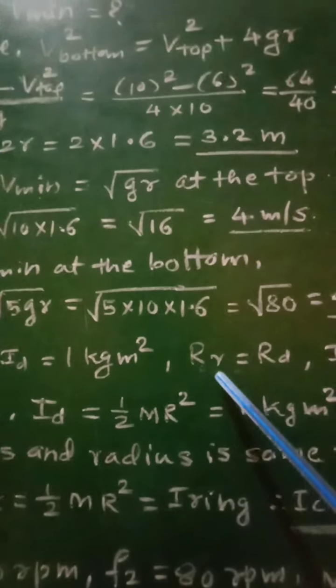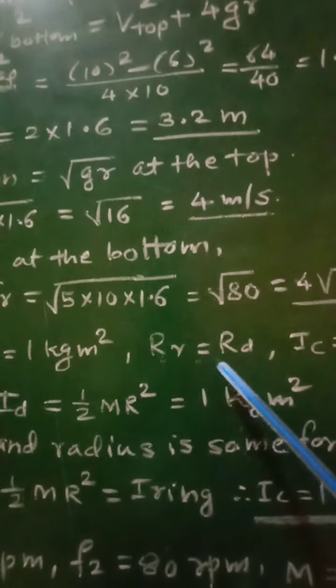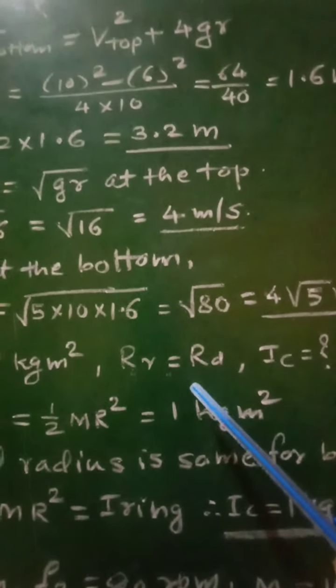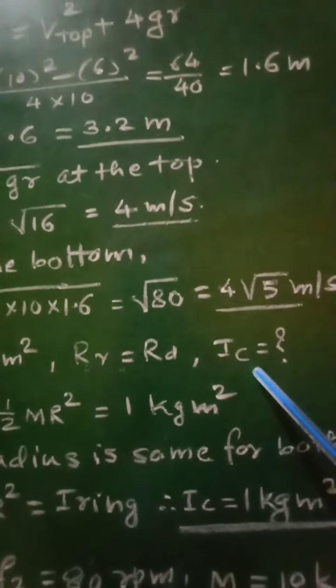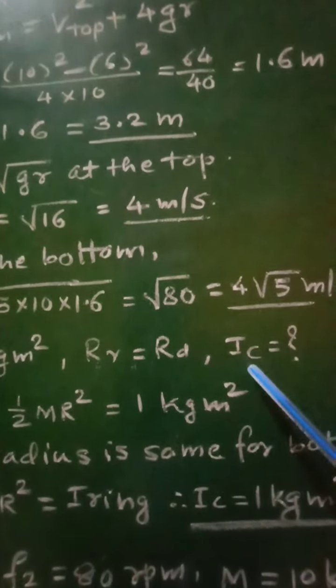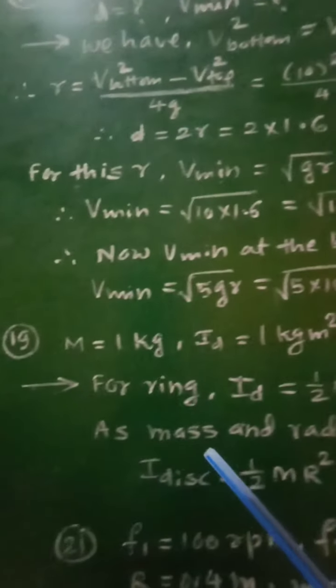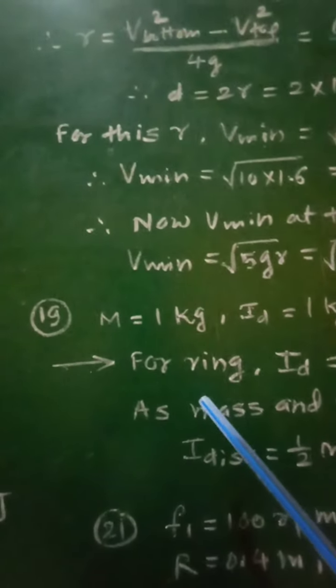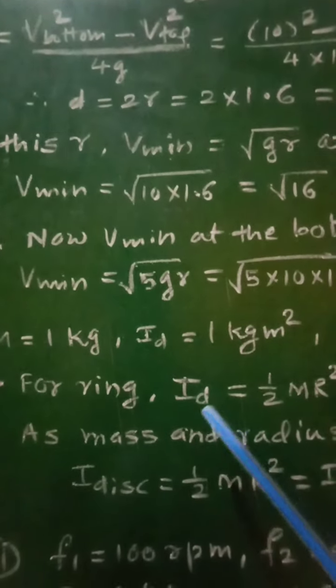The radius of the ring will be equal to the radius of the disc. Both radii are the same. Similarly, masses remain the same, and we have to find IC, that is the moment of inertia of that disc about its own axis.